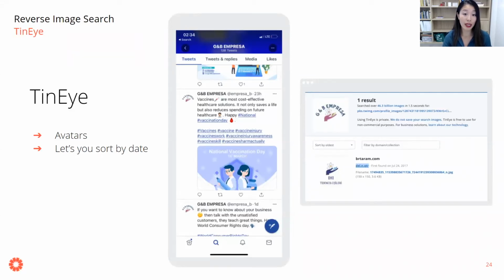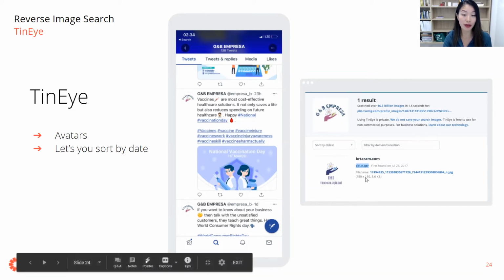It says, "Happy National Vaccination Day," which sounds pro-vaccine. But it also has all these hashtags about vaccine injury, vaccines kill, vaccines harm, and vaccine injury awareness, which all sound anti-vaccine, right? And if we search the avatar on TinEye, it came up with a different organization here. And the fact that TinEye got the exact same logo in the avatar, that's pretty impressive.